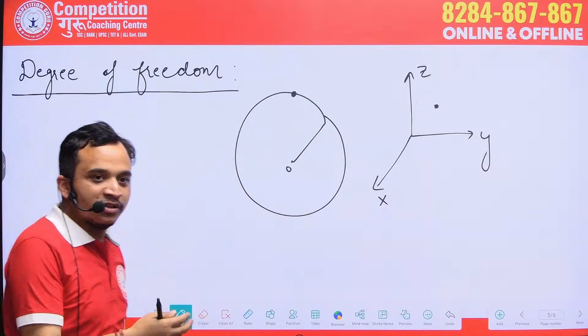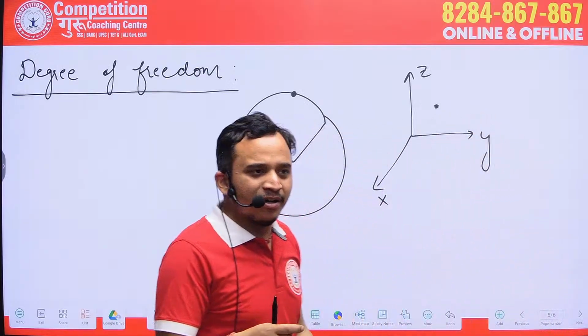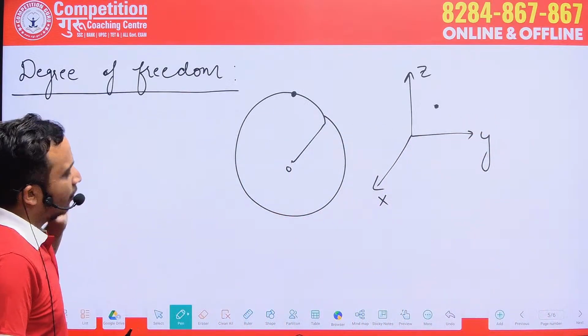It is only free to move in this circular path. So how much freedom does a particle have to move in any direction? That is, in layman's language, the degree of freedom.